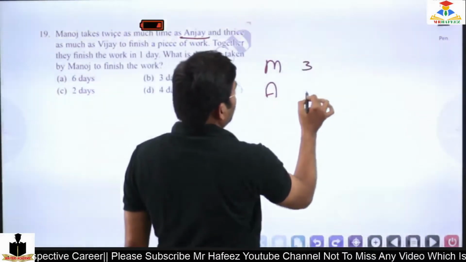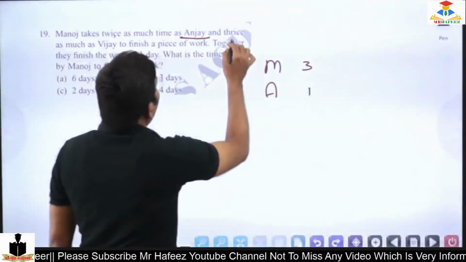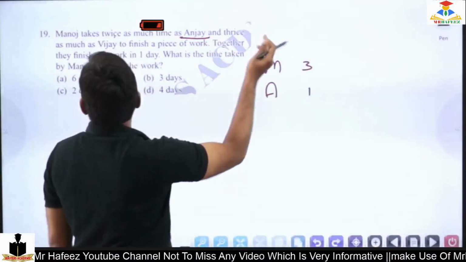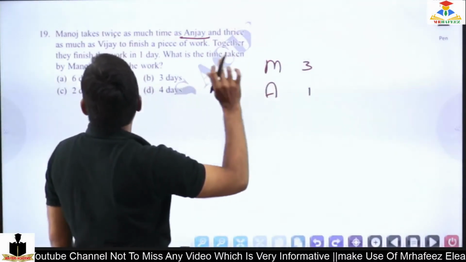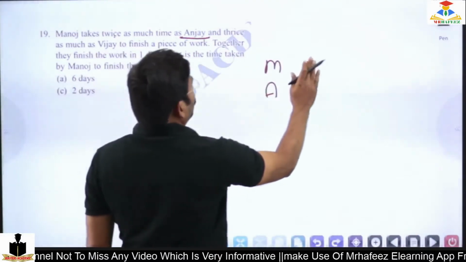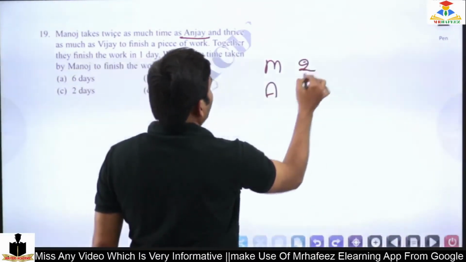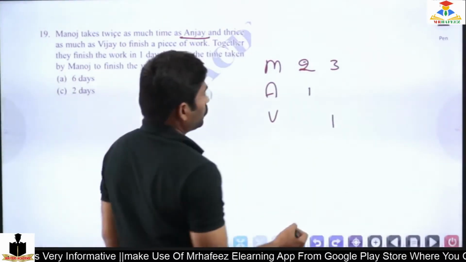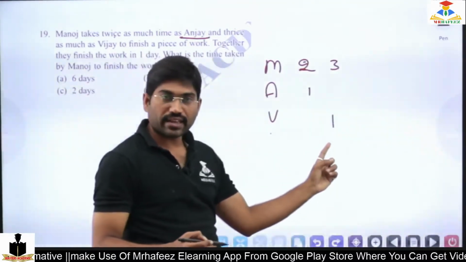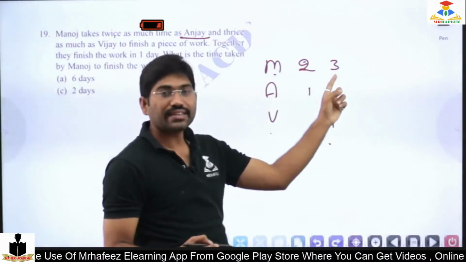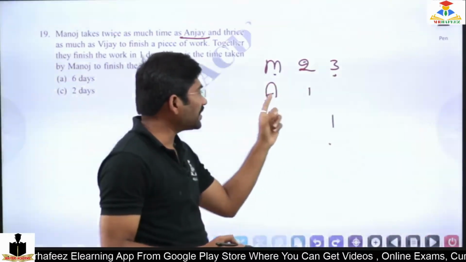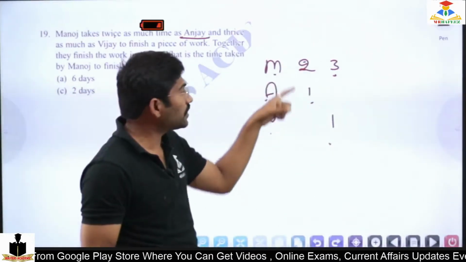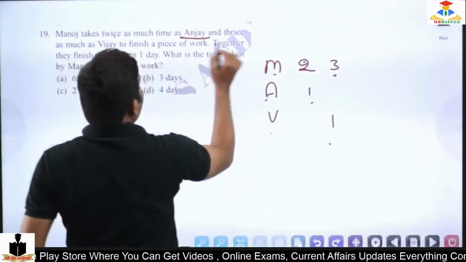Manoj takes thrice as much as Vijay. So if Vijay is 1 day, then Manoj is 3 days. If Ajay is 1 day, Manoj is 2 days. So this is the ratio mentioned in the first 2 lines.